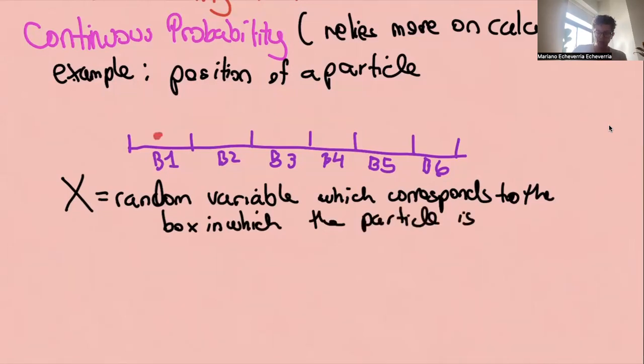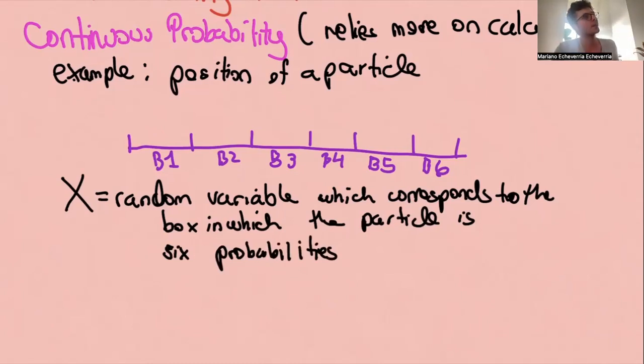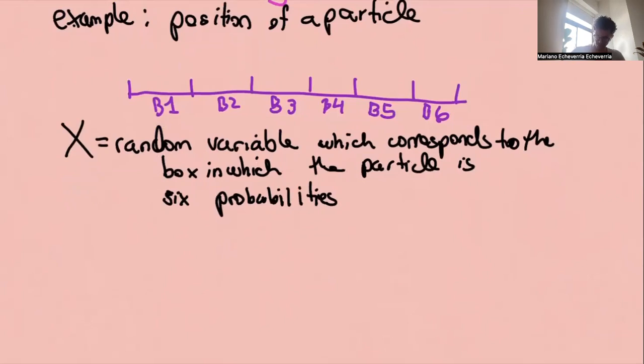So if you only care about the box in which it's located, then there are 6 possibilities, 6 boxes, and so there would be 6 probabilities, and 6 values for x.